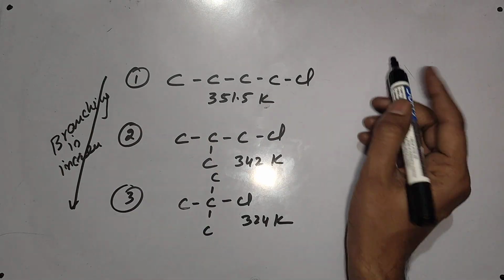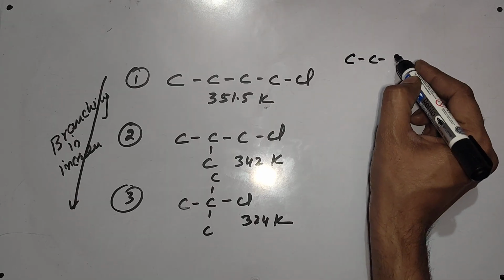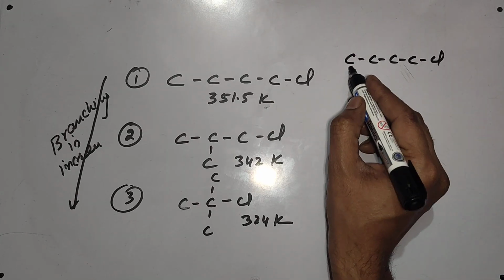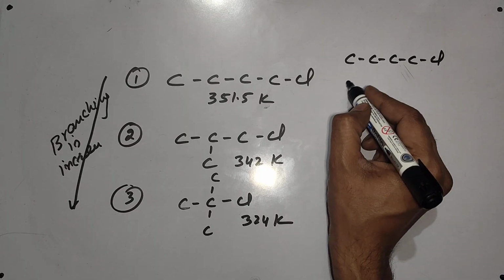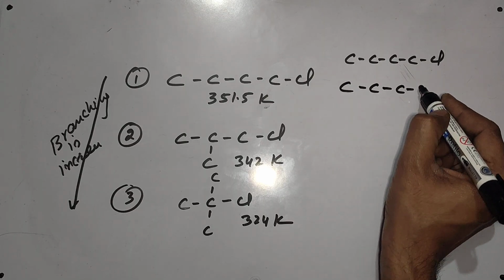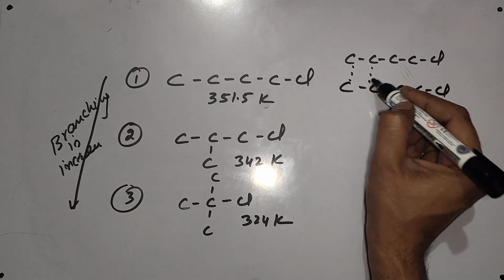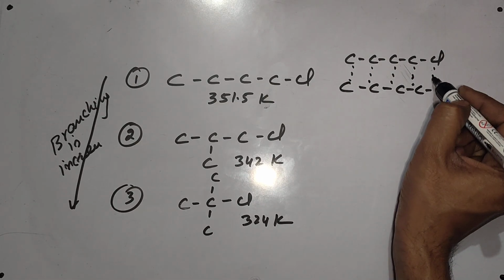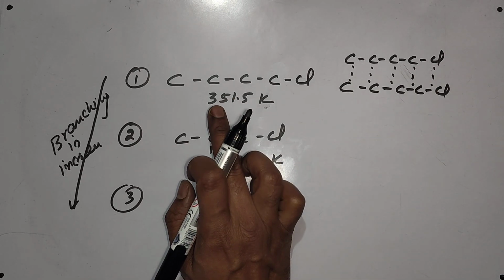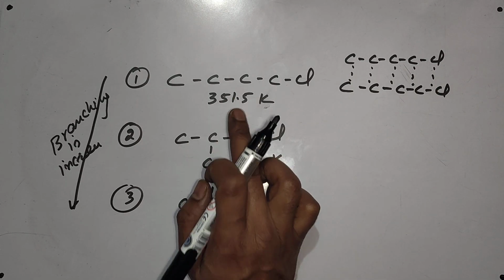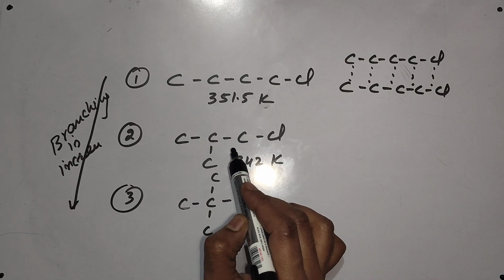Now, why? Because it's a straight chain, its surface area is more. Due to larger surface area, it can make strong van der Waals force of attraction with its neighbor molecule, and these strong van der Waals forces create a higher boiling point. As we move toward this particle, surface area decreases.